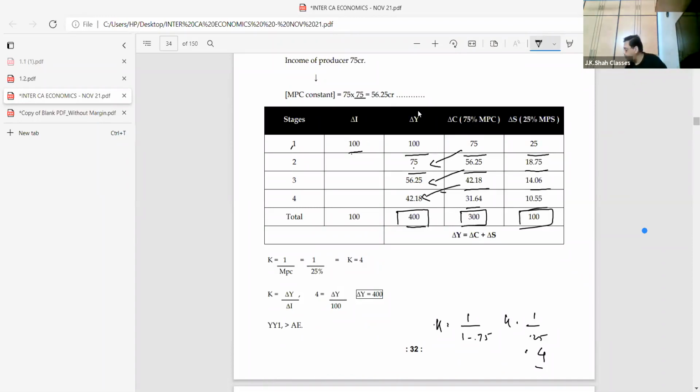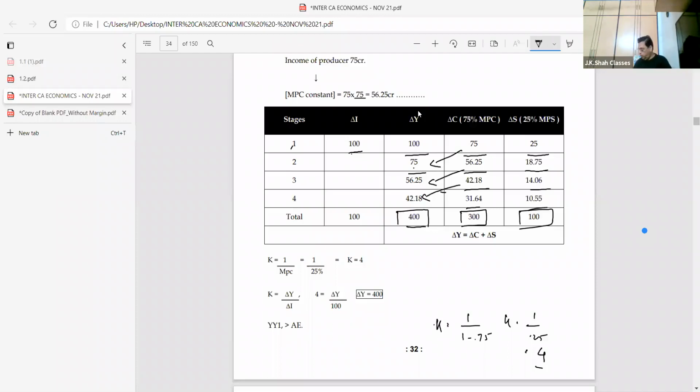Agreed? I'll give you one particular small illustration. Please solve this. Show the working. Open your notebook, write one small case. Very easy. This is just to ensure that you have understood everything.